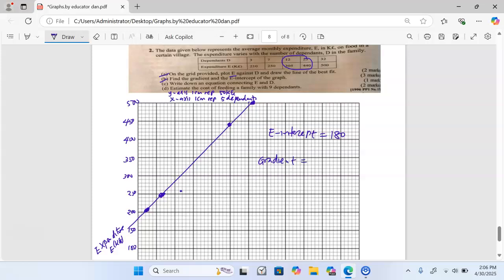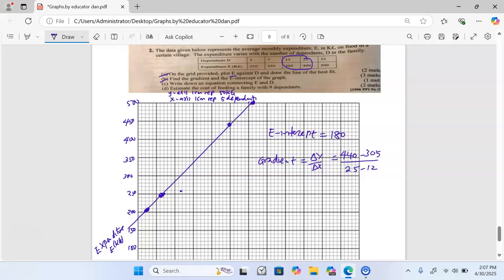From the table, to get the gradient we take the change in y over the change in x. In this case we have 440 minus 305, divided by 25 minus 12.